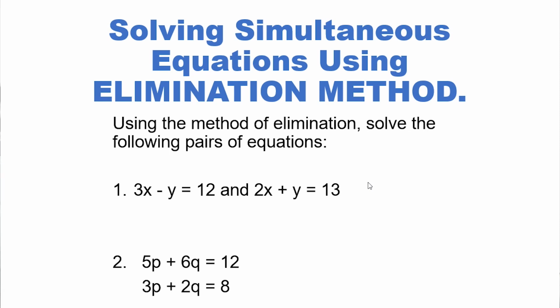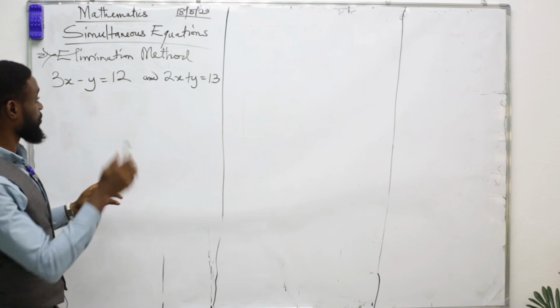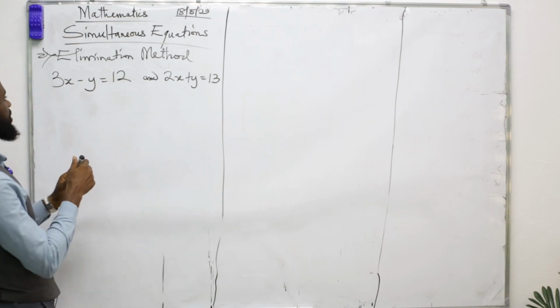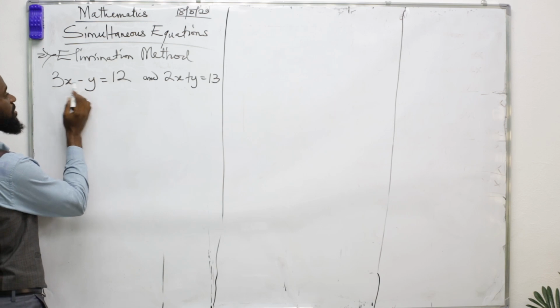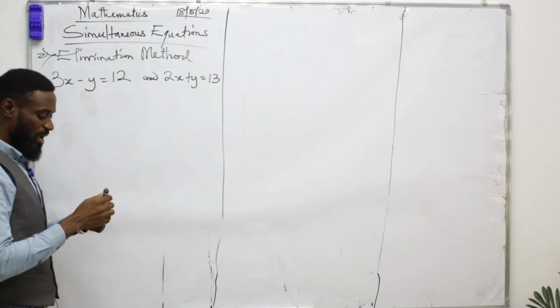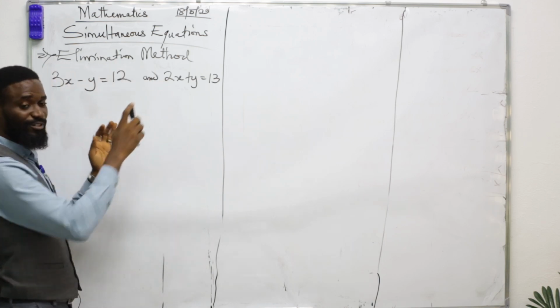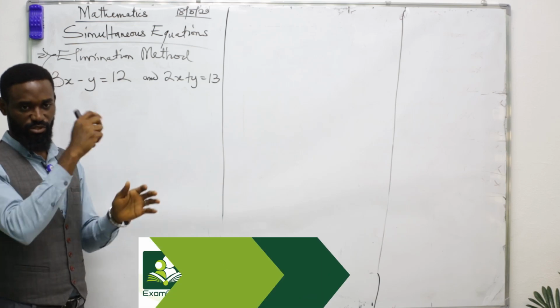Now, this is an example of a simultaneous equation. If you see from the definition of simultaneous equations, we said there are two variables in each of the equations that we have here. So we are required to solve these two equations at the same time, that is simultaneously.